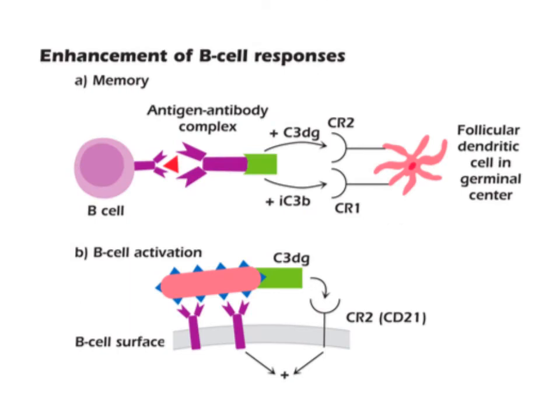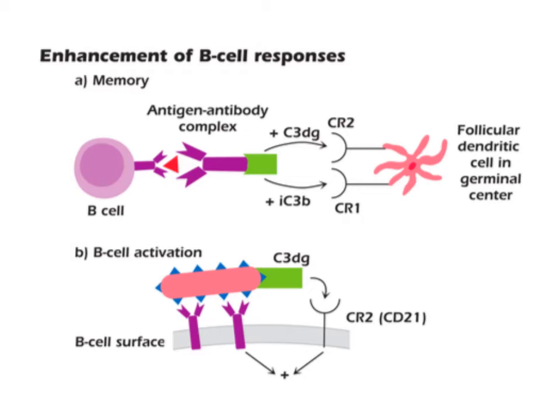Now, this was the slide that showed that complement enhances B cell response. In this case, you can see on the top is the enhancement of B cell response. So the B cell comes, it has an antibody over there. It is going to look at the antigen-antibody complex, and the Fc portion of that particular antibody has a component for complement fixation, C3dg, and likewise iC3b.